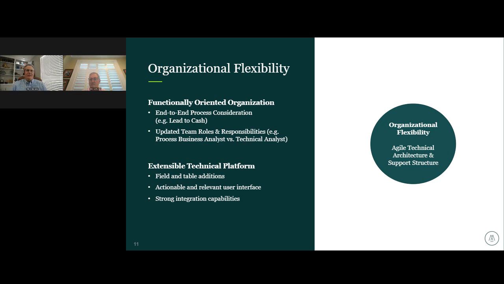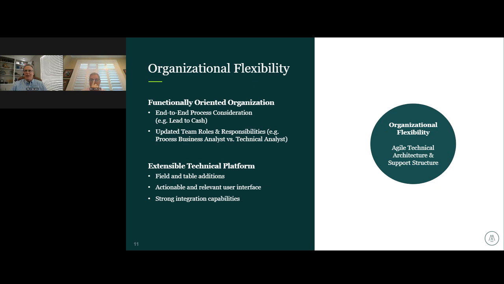And this is one of the areas where you'll hear terms like horizontal and cross-functional. And really what that means at its core is that when you look at the process of doing business, there are going to be some threads that go end to end. As an example, I have down here lead to cash.